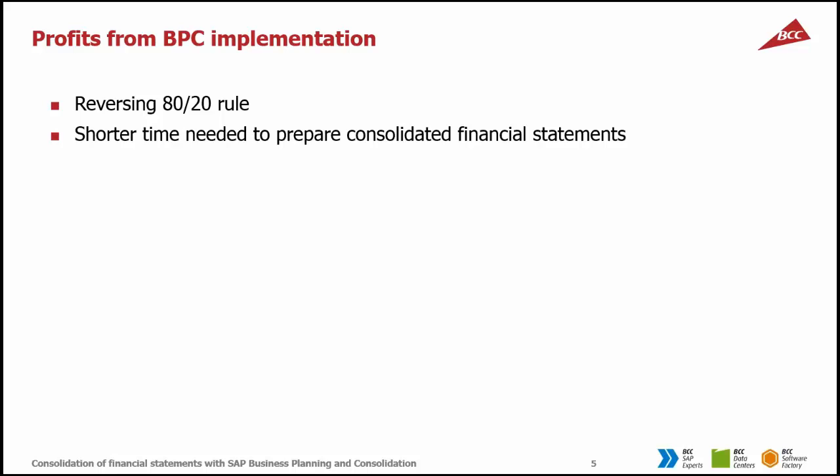This is especially important for companies or capital groups listed on the public markets, but also sometimes it is very clear requirement from the parent company for the subsidiaries to report faster.